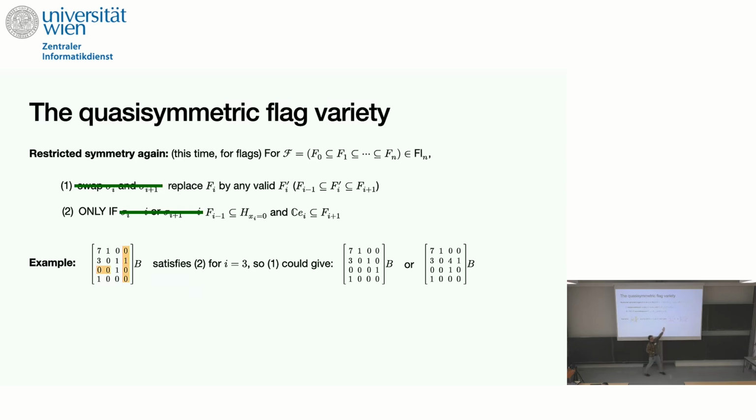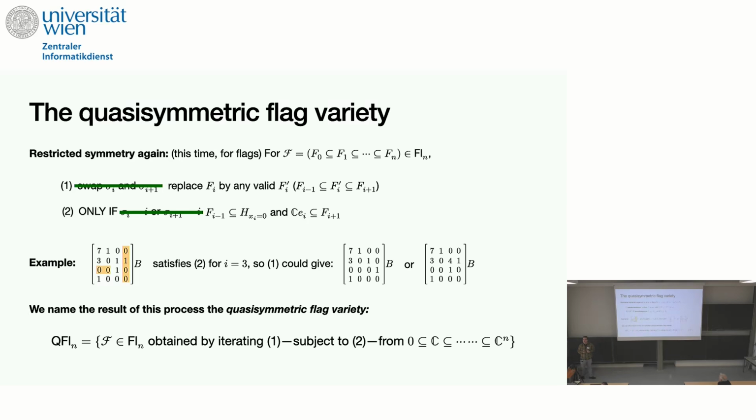So I could get this flag or that flag. Now there are infinitely many choices I could make, but I still have a well-defined operation on flags. So let's look at everything we can get by applying this operation to the standard flag and call this QFL, quasisymmetric flag.